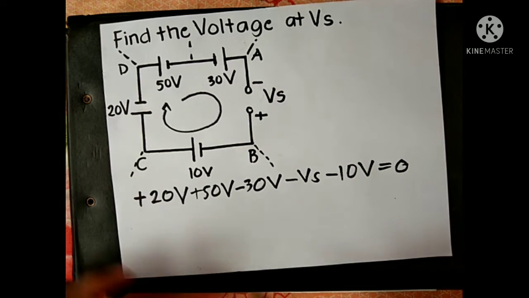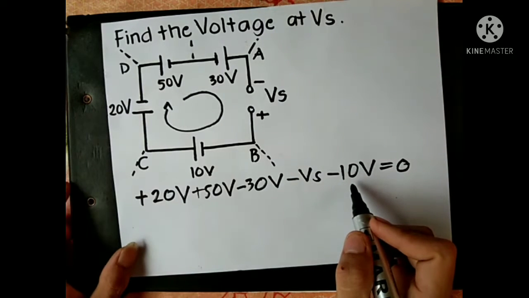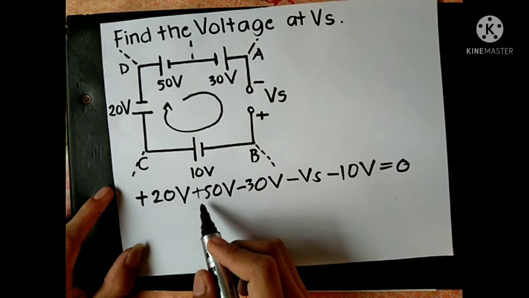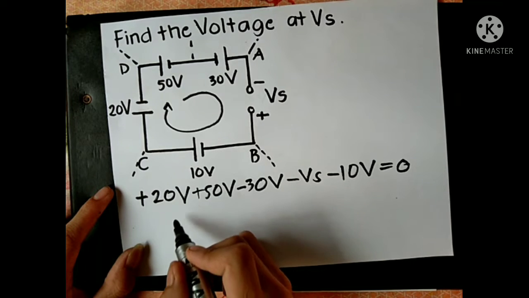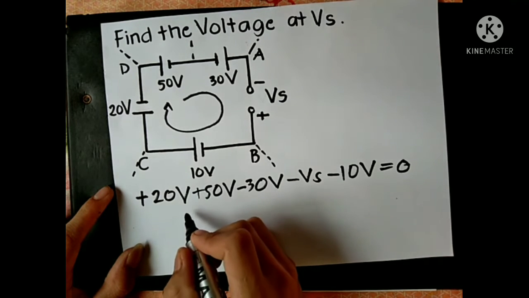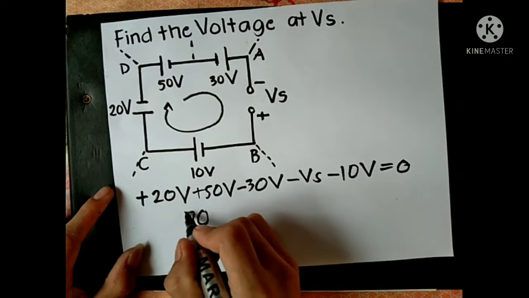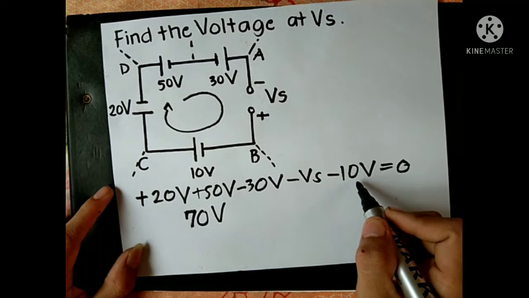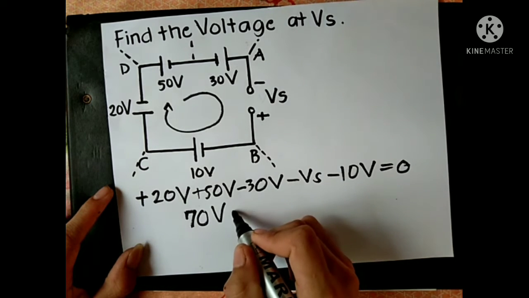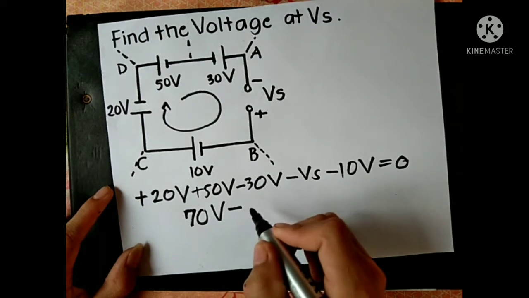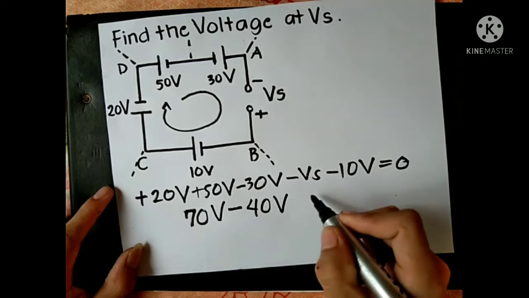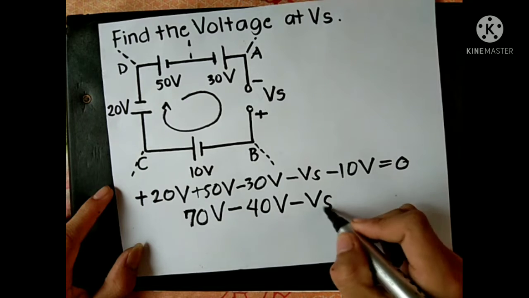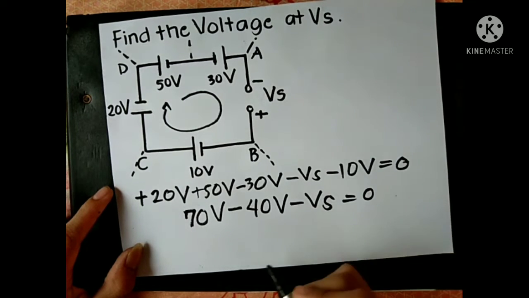Next we have to combine the same signs. The 20 volts we can add to the 50 volts, so 70 volts, then negative 30 and negative 10 volts is equal to negative 40 volts, and then the negative voltage source, or VS, is equal to 0.